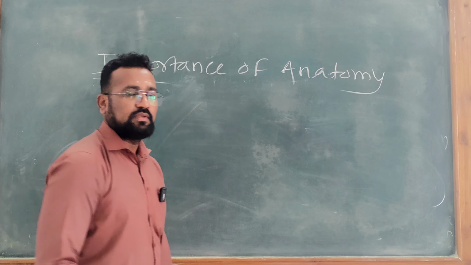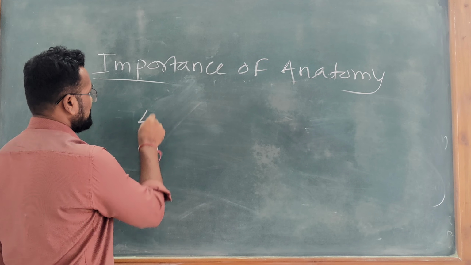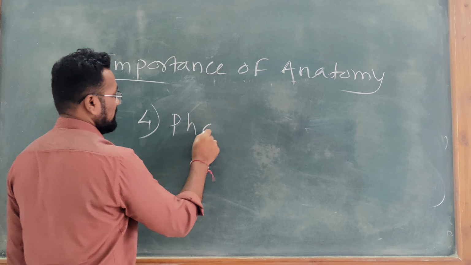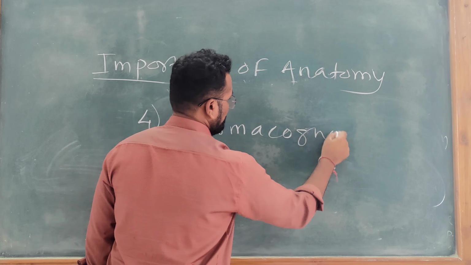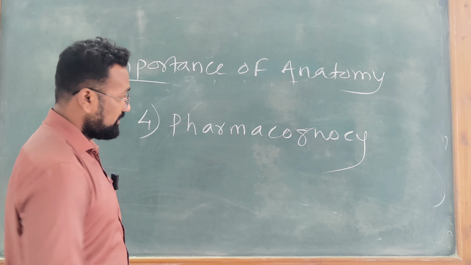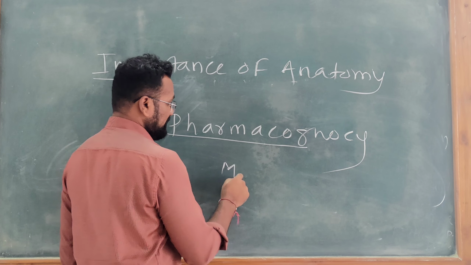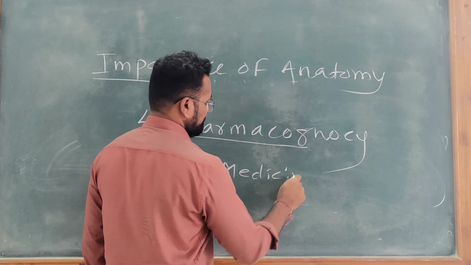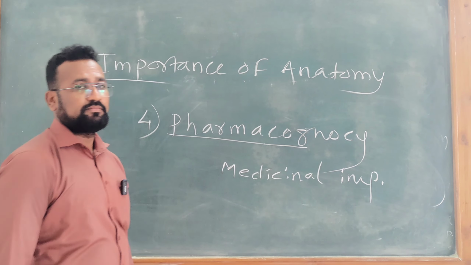And last but not least, anatomy study definitely helps in pharmacognosy. The word is very big, but the meaning is very simple. Pharmacognosy deals with the study of the medicinal importance of plants.